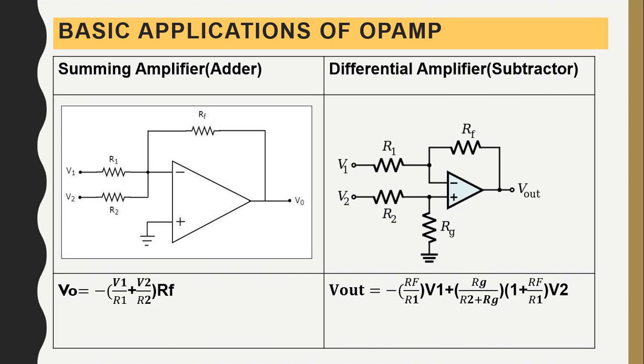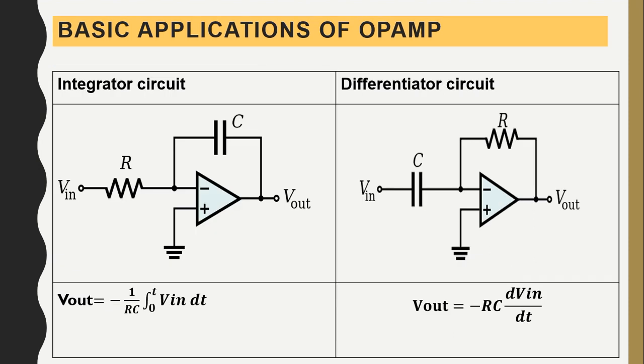In that case, the simplified formula will be minus RF by R1 into V2 minus V1. But as I just mentioned, in case the values are not equal due to some reasons, we can use the below formula to calculate the output voltage.